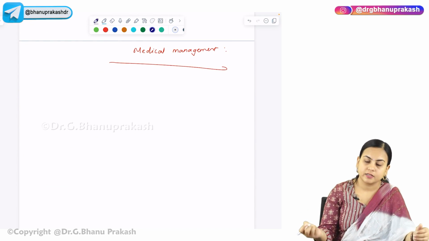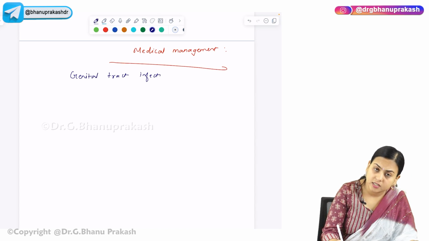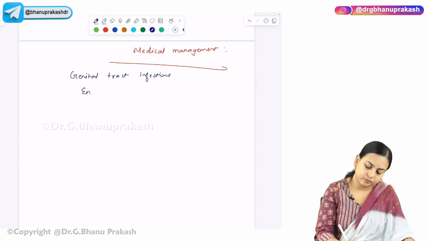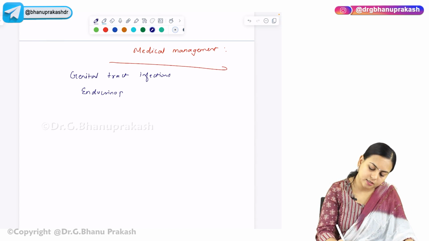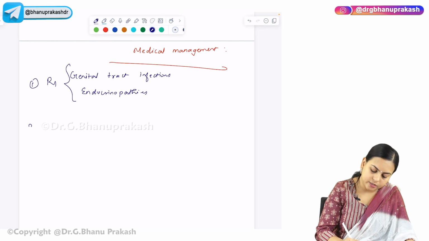You have to first treat the genital tract infections and endocrinopathies. Okay, so this should be treated, that is the first point.